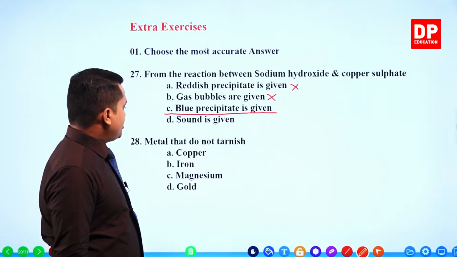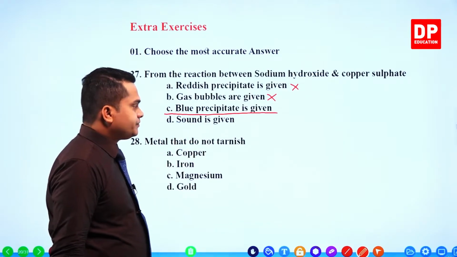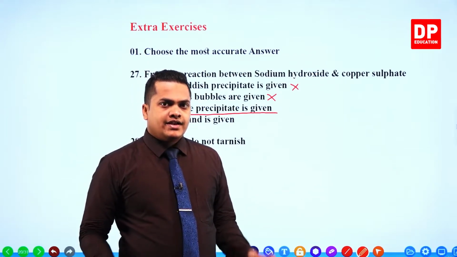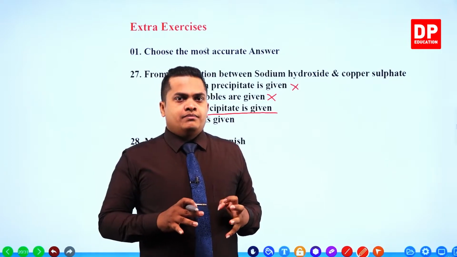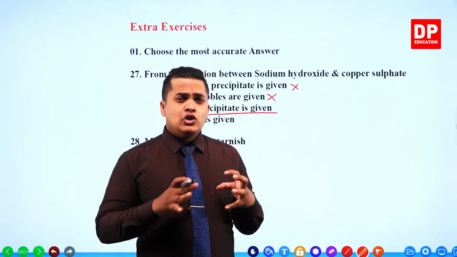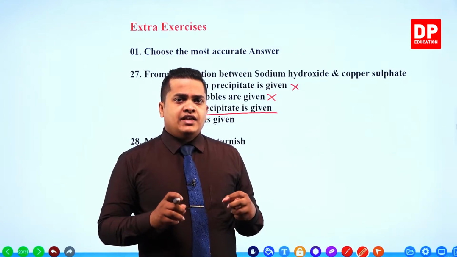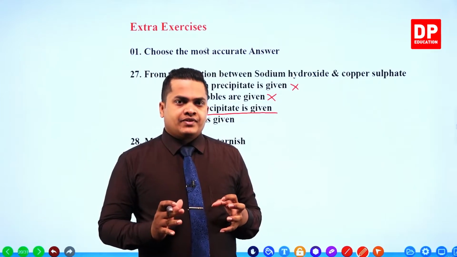Right. Question number 28. Metal that does not tarnish. You have to select the metal that is not going to tarnish. If it is not tarnishing, it should be very low reactive.